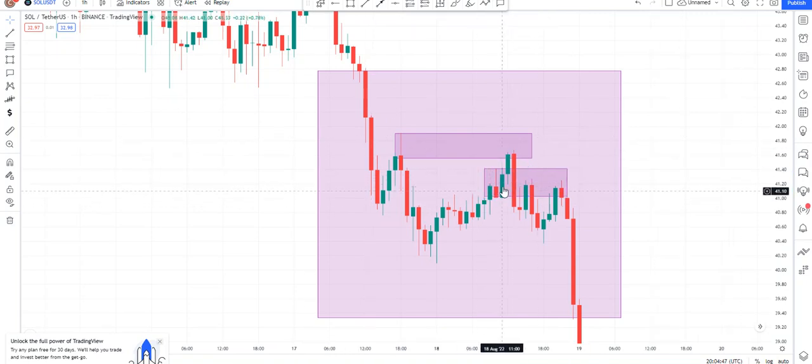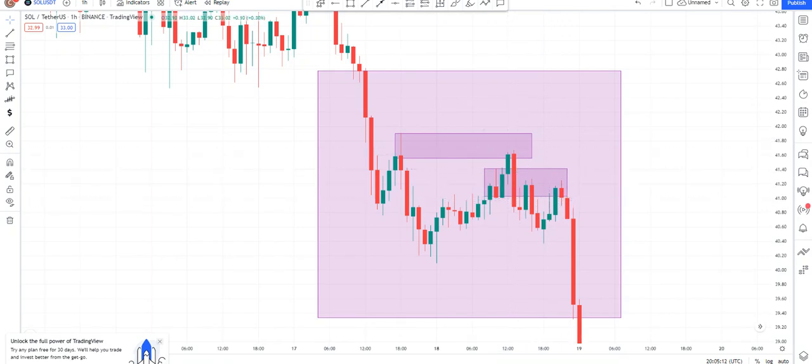This mitigation block goes up, mitigates another block that's in here. The other block is not clear on this time frame, but if I go lower, I'll be able to see it properly. It mitigated the other block and then price went down. So whichever candle was prior to that would act as a mitigation block. That's basically it.